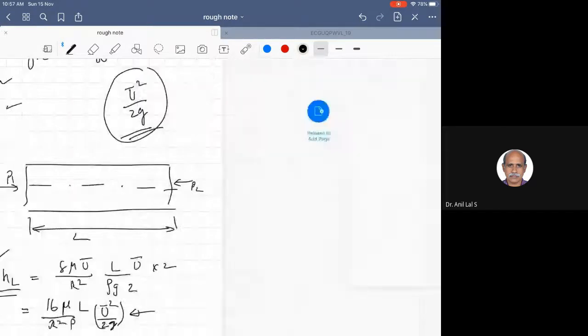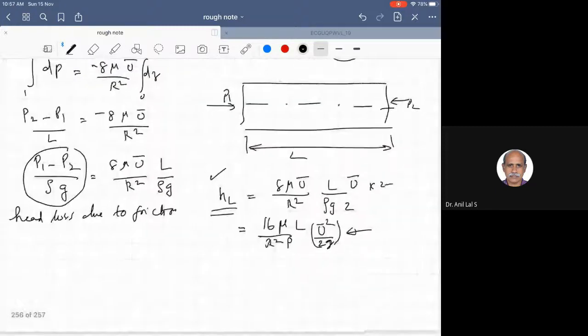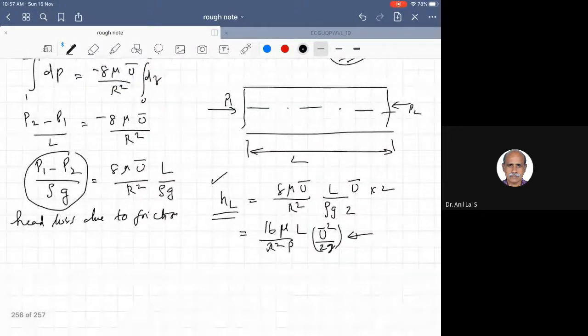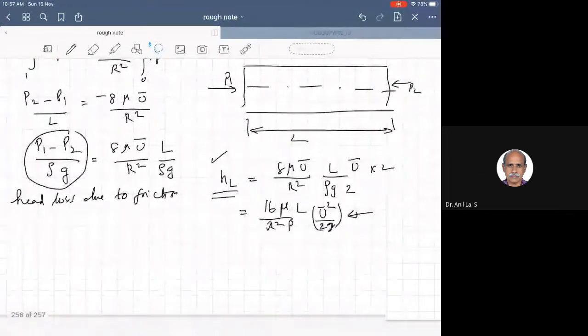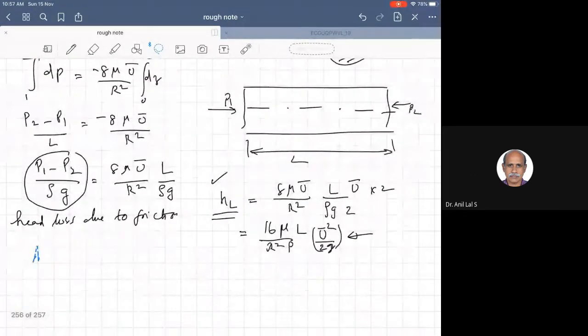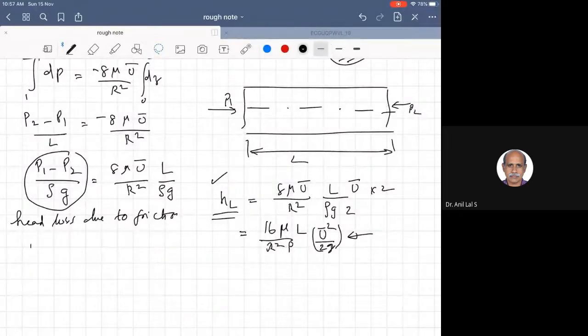Actually it is only rewriting of these equations. So HL is equal to 16 mu L by r squared rho.